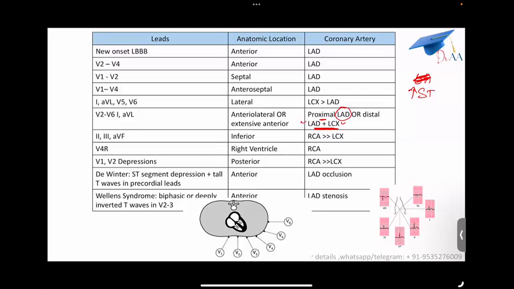Choosing LAD plus LCX is rarely seen. If it is an old one, for example, you might see T wave inversions in the lateral wall, which is more representative of an old MI, and then you might see ST segment elevation in the anterior leads. So acutely it is again LAD; LCX is the old MI that he had.